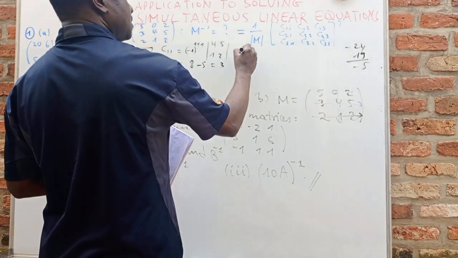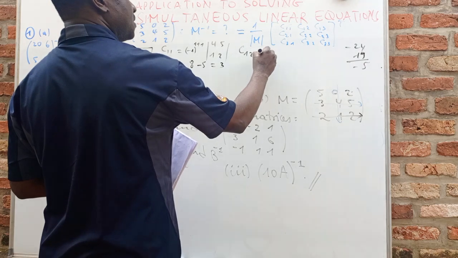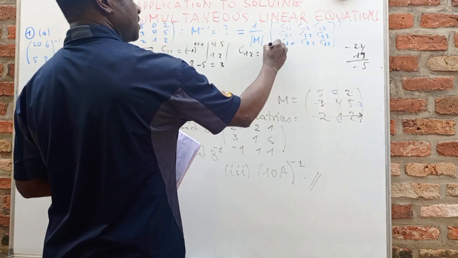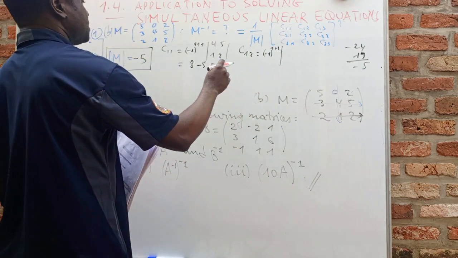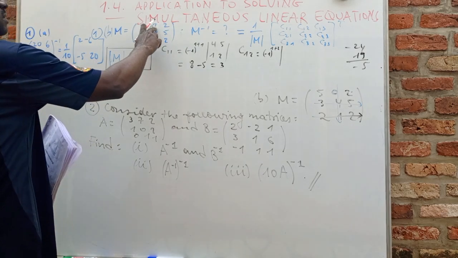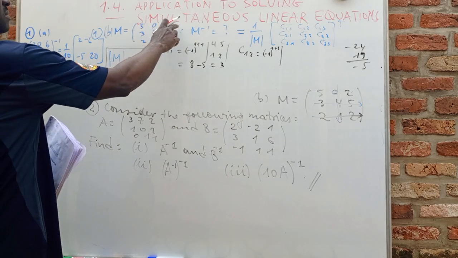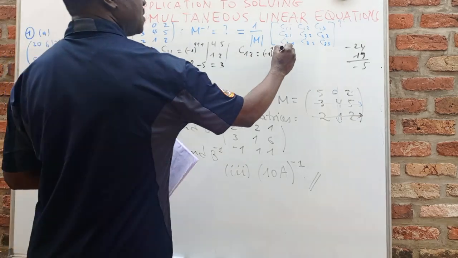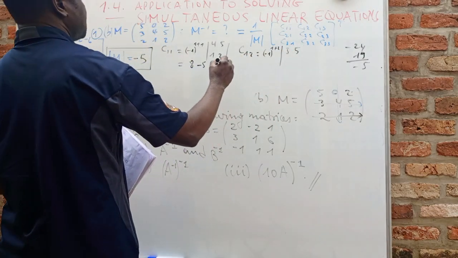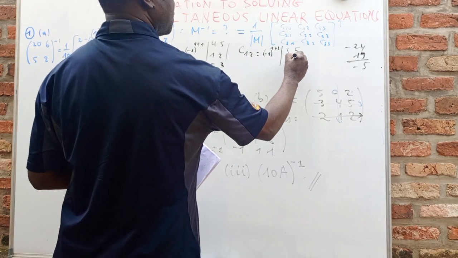So next, 1, 2, this is -1 to the power 1 plus 2 times the determinant. Remove this and that, 3, 5, and then 2, 2.